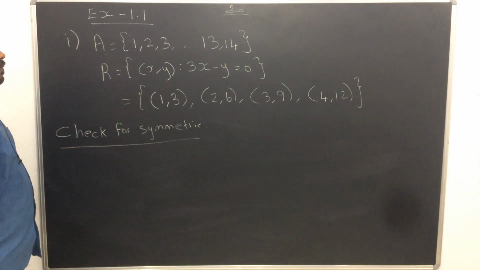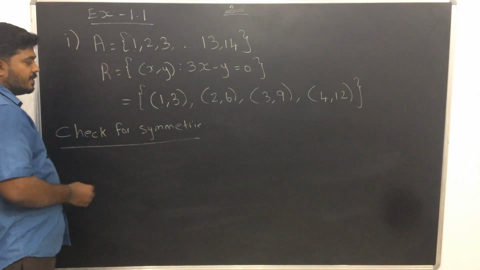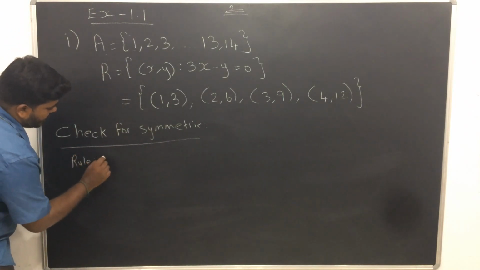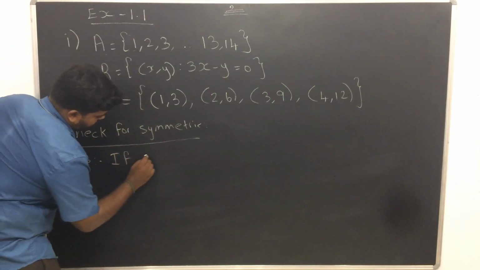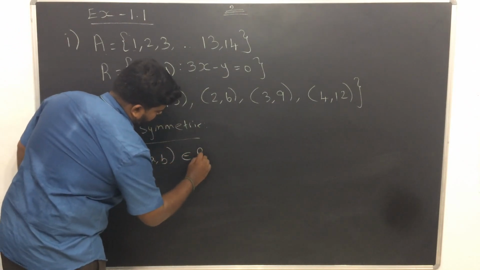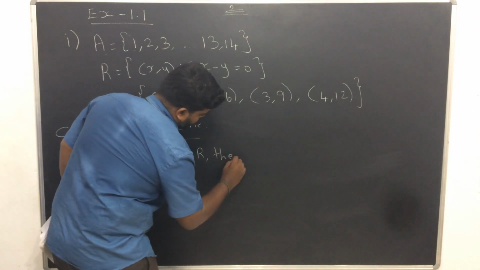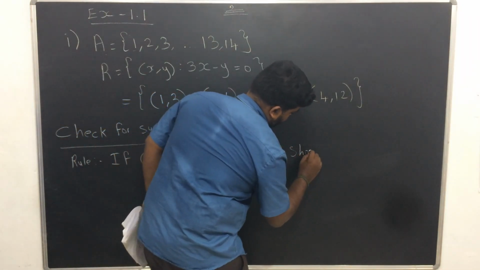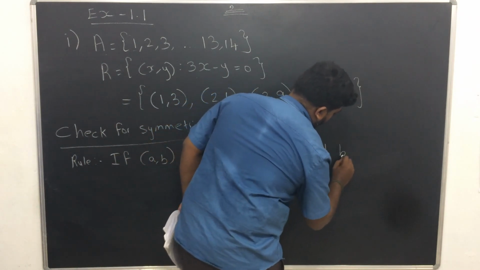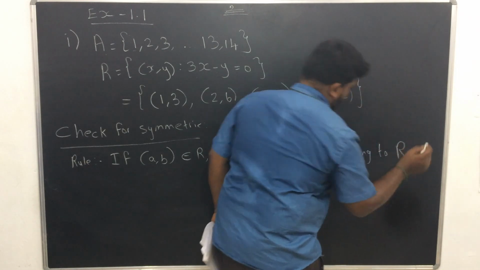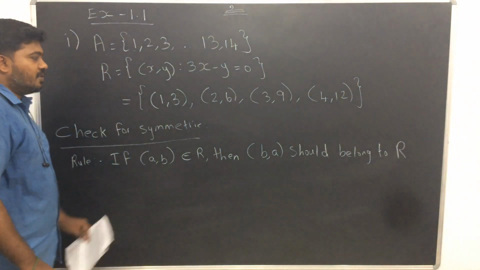For a relation to be symmetric, what is the rule here? What is the common rule? If A comma B belongs to R, then B comma A should belong to R. This is the general rule for a relation to be symmetric.